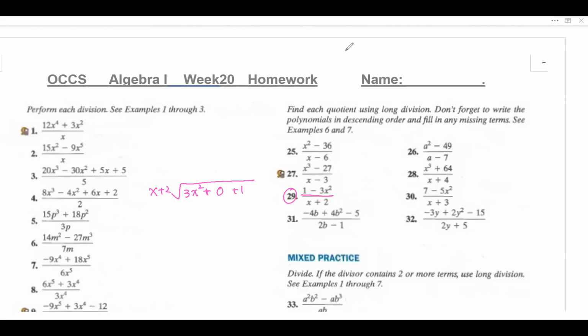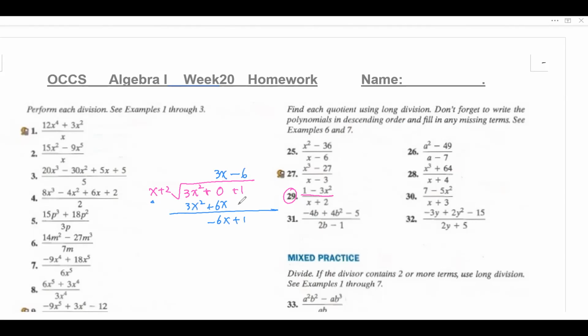So first, we need to find what term times this x can exactly match this one, 3x squared. So we need a 3x, which is degree 1. We put it on the top. Okay, so you get 3x squared plus 6x. Top minus bottom, so you get negative 6x plus 1.